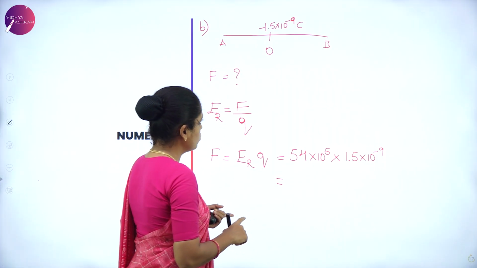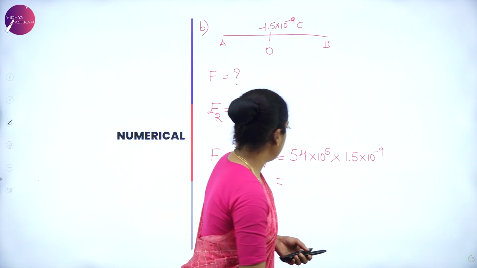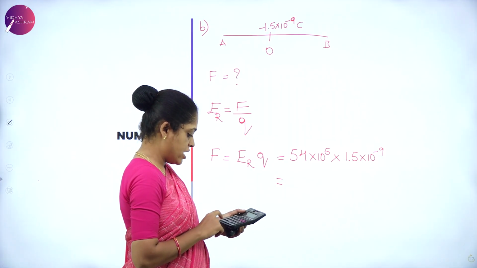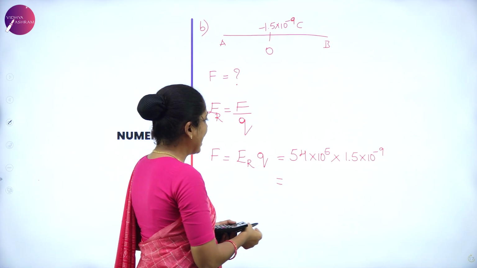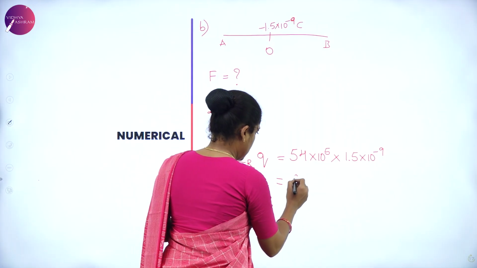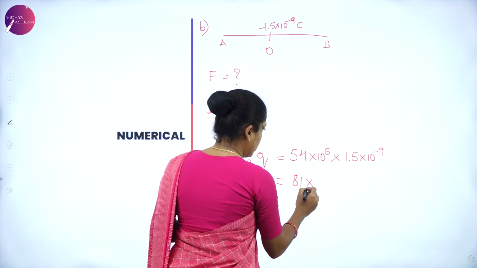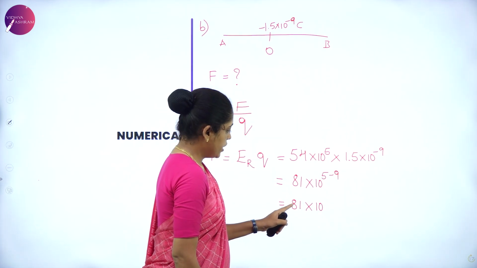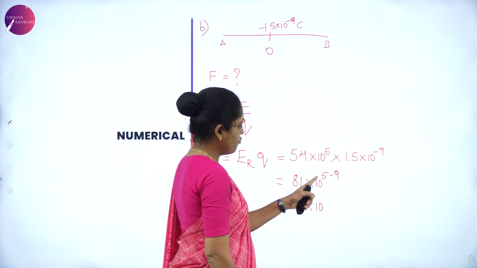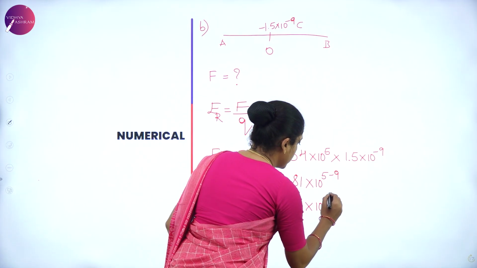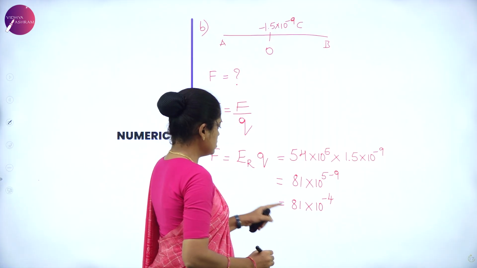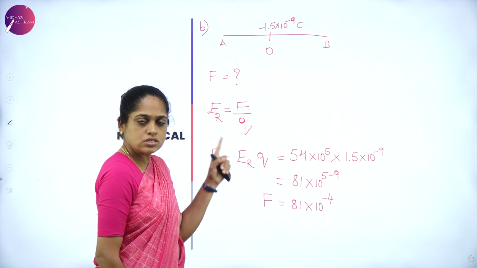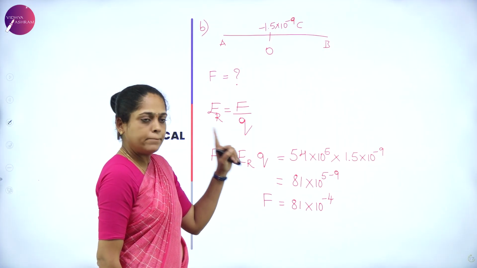Let us multiply: 54 into 1.5 is equal to 81 into 10 power 5 minus 9. 81 into 10 power 5 minus 9 is minus 4. This is the value of force experienced by the negative test charge placed at the midpoint.